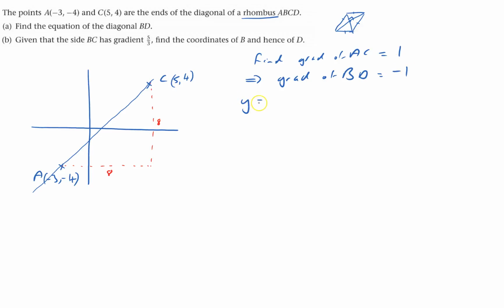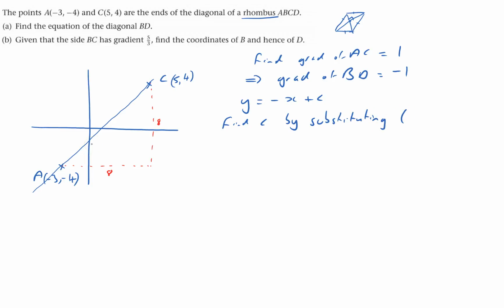So I get y equals -x plus c, because the gradient is -1. And I need to find out what c is, so I need to find c by substituting in a point on the line.